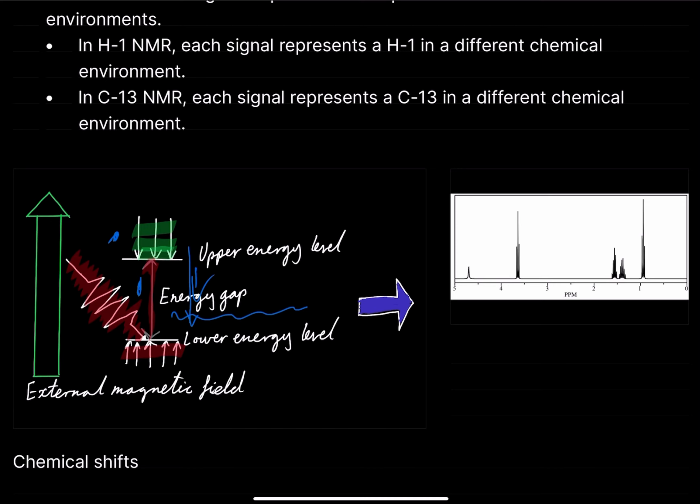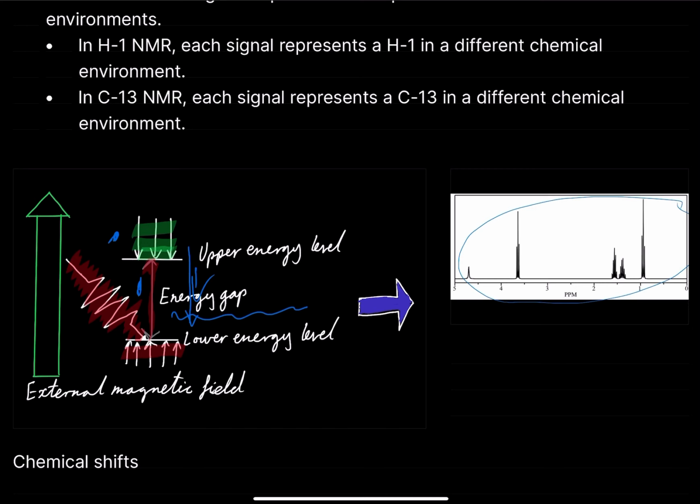That wave gets detected by a detector in the NMR machine, and that's what enables us to create this graph. Energy is being lost as it de-excites, released as a wave, and we're able to measure that wave.